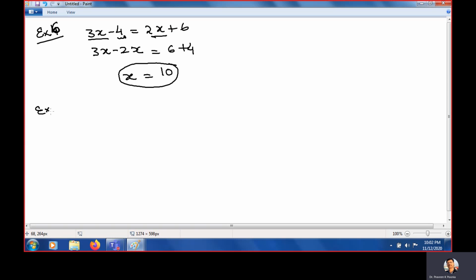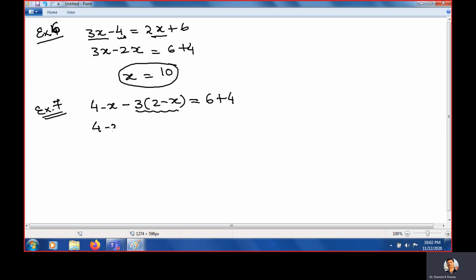Okay, let us solve one. Question number 7. It is 4 minus x minus 3 times 2 minus x equals 6 plus x. So how are we going to do this? First we will simplify this expression.